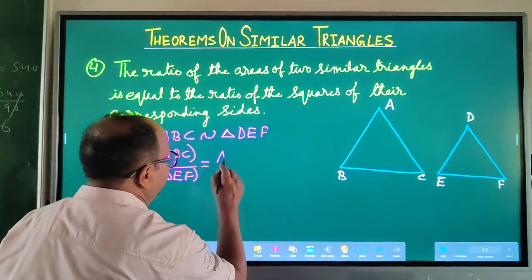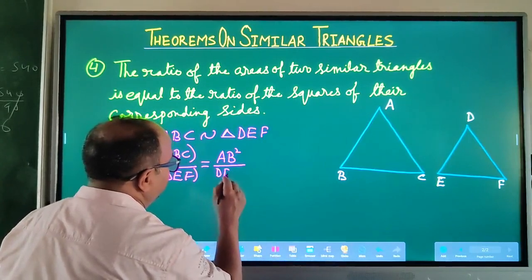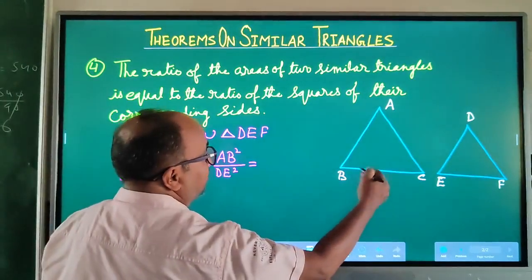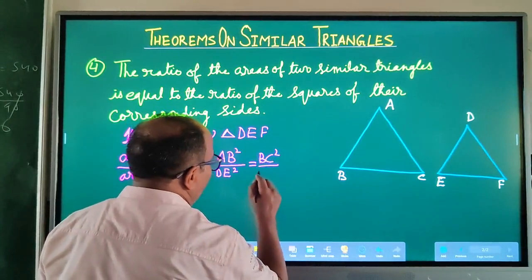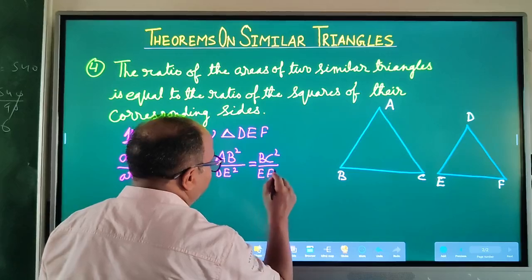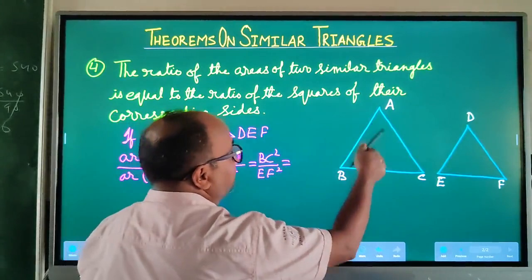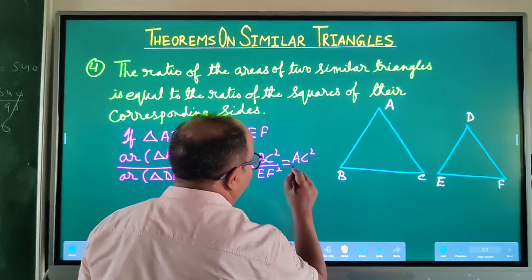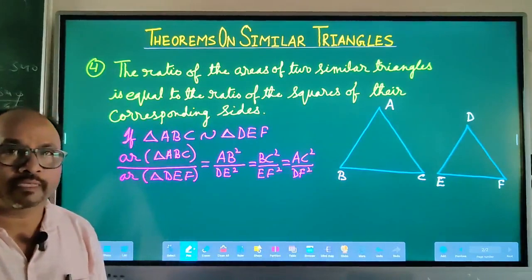So I will write it AB square by DE square. And if I take the side BC, corresponding to that is EF. So it will be BC square by EF square. And if I take AC, corresponding to that is DF. So it will be AC square by DF square.